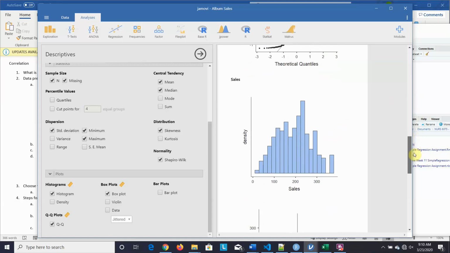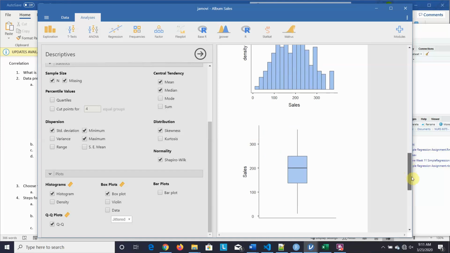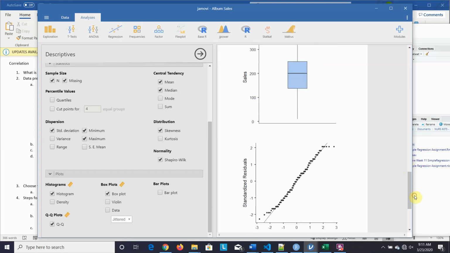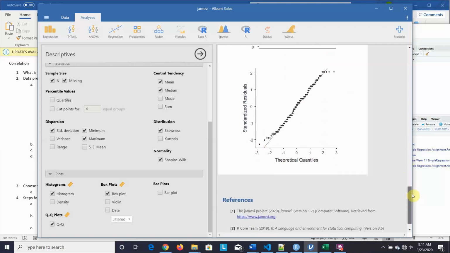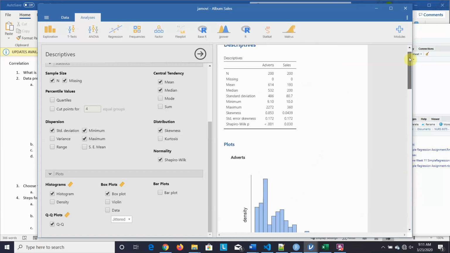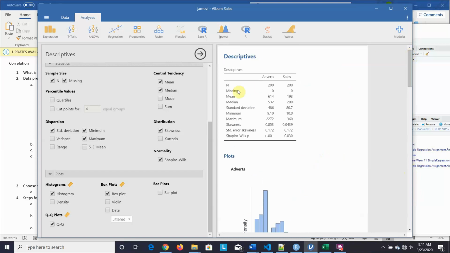On our sales, not as skewed as our adverts variable. Again, no outliers there, and you see those dots stay along that normal line quite a bit better. So there's our quick review of these variables.